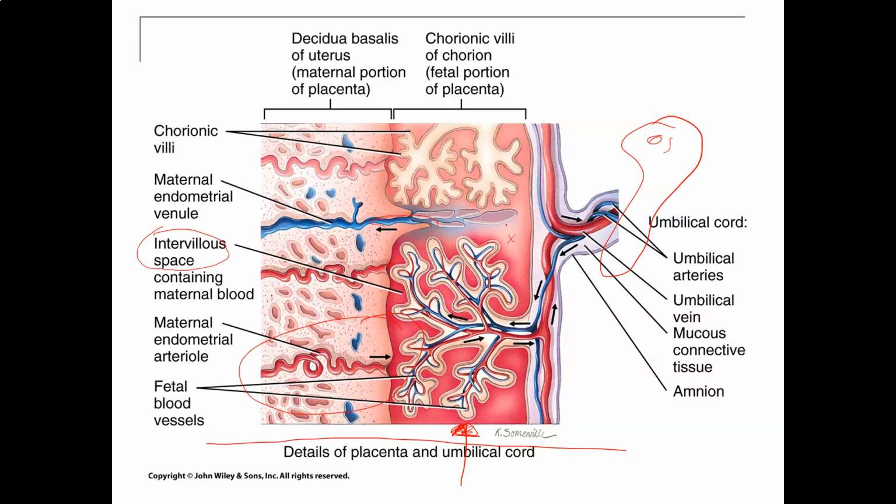Or drugs, and so that's how you have babies born addicted to drugs. So there are some undesirable things that can cross the placenta, like drugs, some viruses. So it's not a 100% foolproof barrier, only letting good things across.